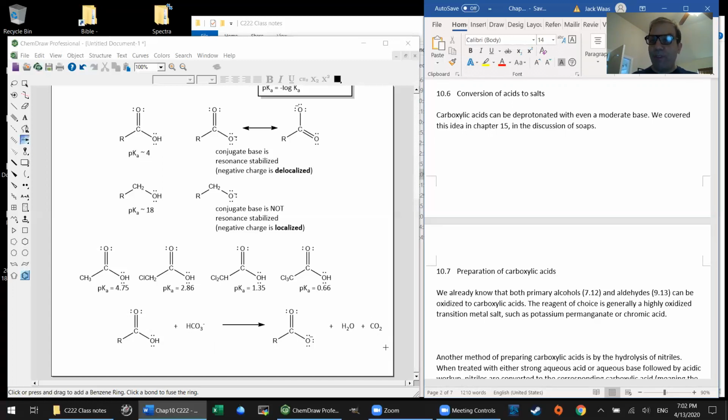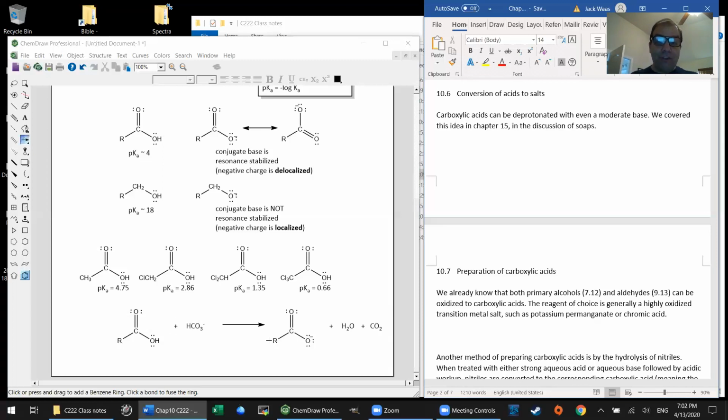And that's the bubbles that you saw when you mixed the two. It was the carbonic acid decomposing and making water and carbon dioxide, and then the carbon dioxide bubbles out of the solution. That's also the explanation of the bubbles in your soda, right? It's because there's carbonic acid there. And so that's why your soda will go flat if you leave it out, right? Because all the CO2 will go away.